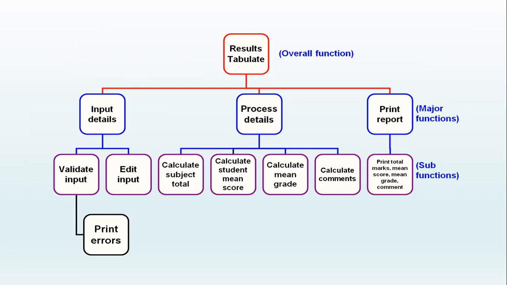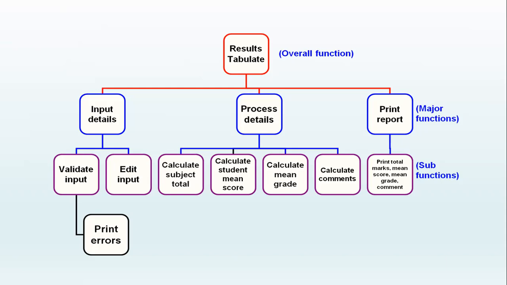In this structure, my dear students and the rest of the learners, you can see that I have the main function, which is on top, which I am calling the overall function. And then below it, we have the input details function, the process details function, and the print report function. These ones are called major functions. And then the major functions can be further broken down into sub-functions.